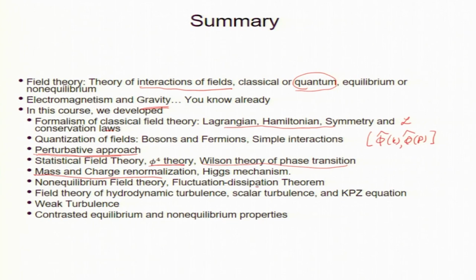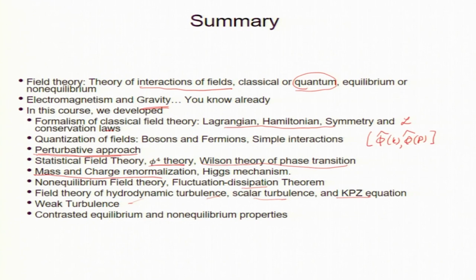Then we started non-equilibrium field theory and the fluctuation dissipation theorem by example, and then we went to hydrodynamic turbulence, scalar turbulence which I did today, KPZ, weak turbulence, and I hope you got the idea of the difference between equilibrium and non-equilibrium. Equilibrium has no frequency, no time dependence, but non-equilibrium has time dependence.